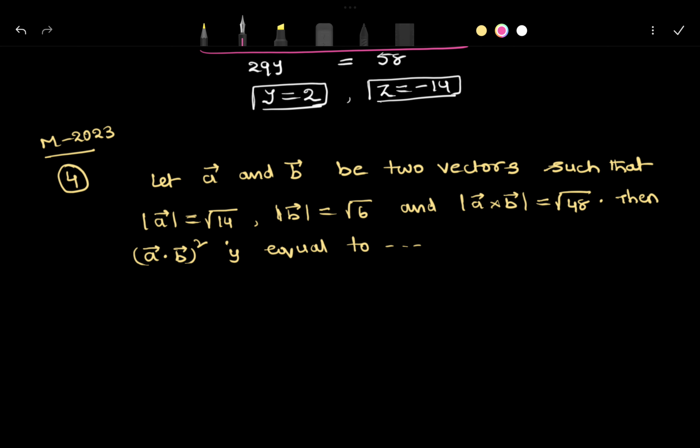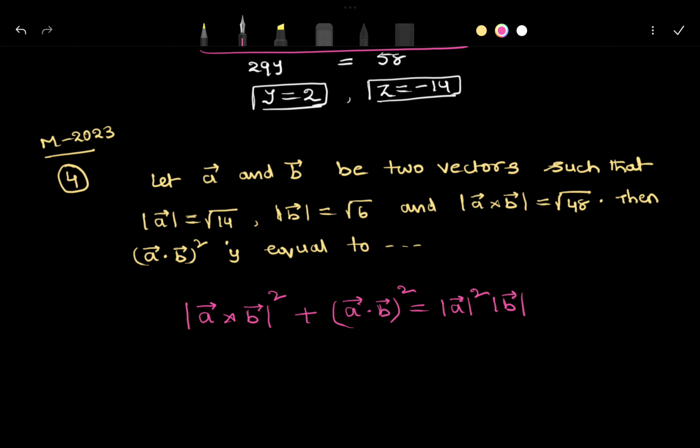See, here I will tell you a simple formula. By using that formula you can find it out. What is that one? Lagrange's formula. Modulus of a cross b whole square plus a dot b whole square is equal to modulus of a bar whole square into modulus of b bar whole square.